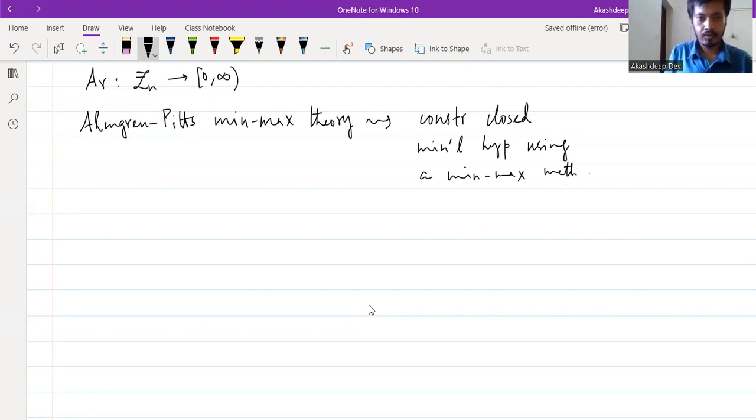So more precisely, we have the following theorem, which follows from the combined works of Almgren, Pitts, and Schoen-Simon.